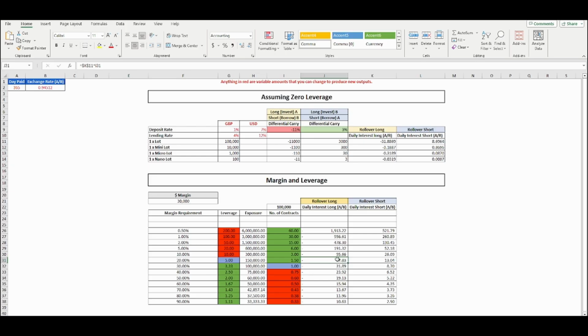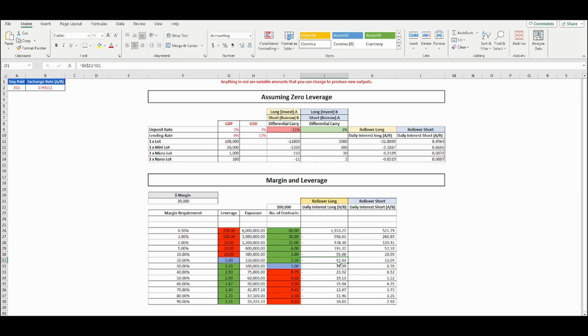How much you would be paying in interest every single day is essentially a lot lower than the first example I showed you. You would be paying only 47.83 units in currency, as opposed to 1,913.22 units in currency from the first example.